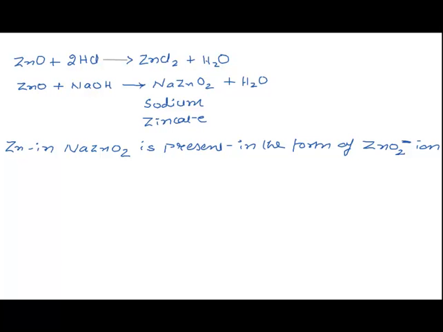That is the negative part of that molecule. NaZnO2 will dissociate to give Na plus and ZnO2 minus. Remember this, okay?